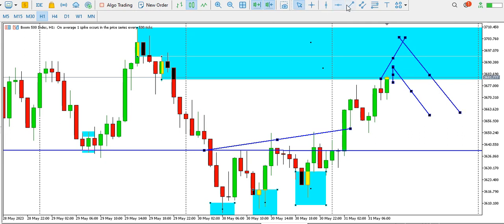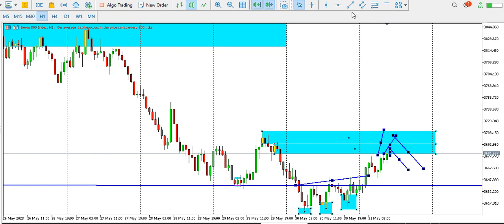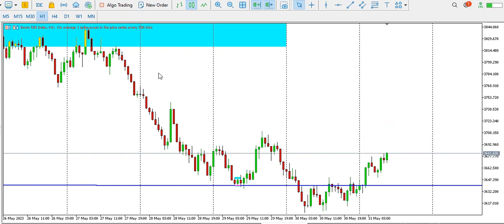But if price breaks above the resistance level and closes above the 3711.9 area, we might see the bulls coming fully into the market and pushing, first of all retesting that level and then pushing price up to the top. So that's that for the 1 hour time frame.